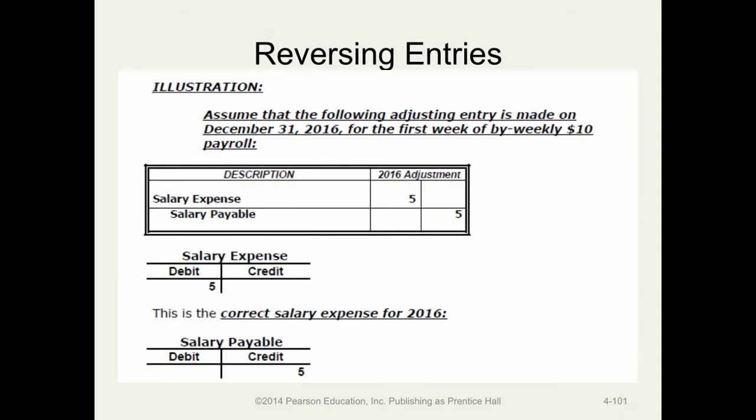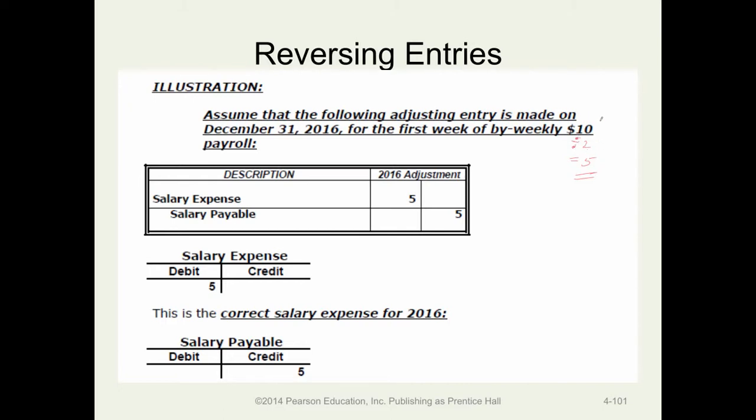So here's an illustration. Let's assume that an adjusting entry is made on December 31st for the first week of a bi-weekly $10 payroll. So the payroll is 2 weeks, $10, so you divide that by 2, so that you have 1 week earned but unpaid at the end of the accounting period.